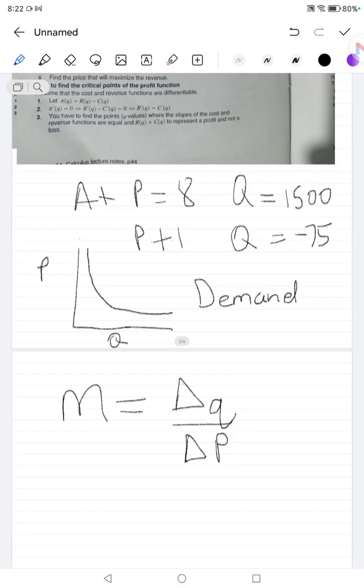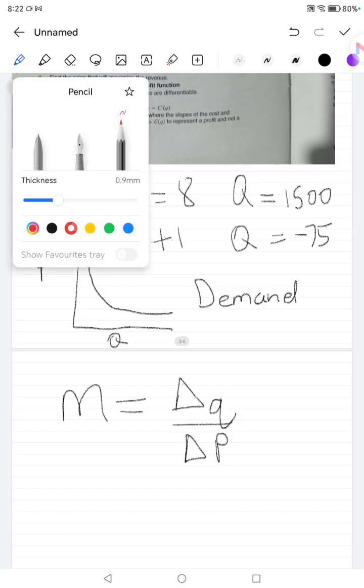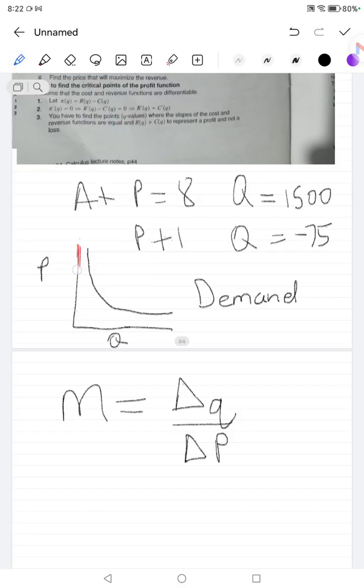If I'm about to explain this, you must consider, if you're going to throw this on a Cartesian plane, which one is going to be independent and which one is going to be dependent.